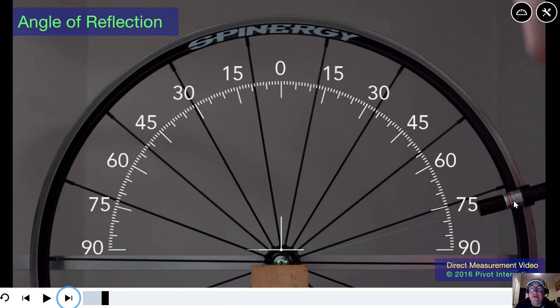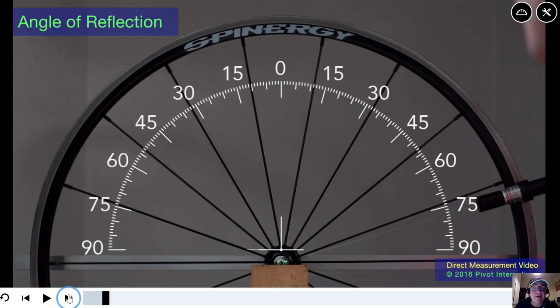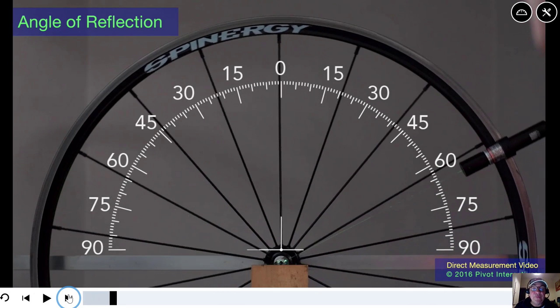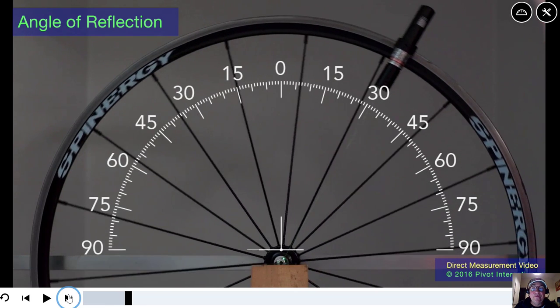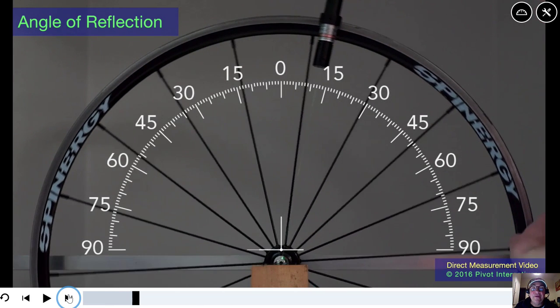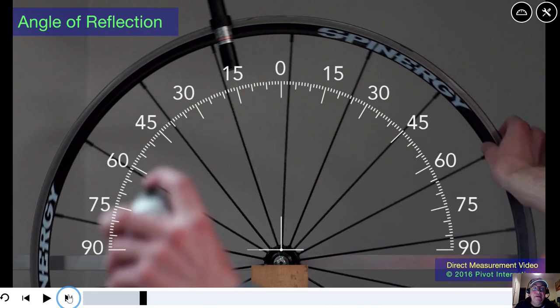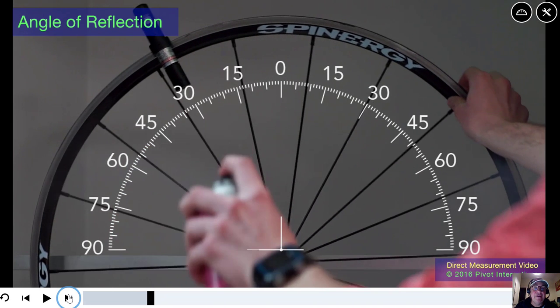So here's a laser pointer, and here's a ray coming in. So there's an incident angle measured relative to the normal again. So the incident angle would be whatever this turns out to be. And then there's going to be a reflected angle. And again, they're going to spray some substance. You'll be able to see the laser beam a lot better in just a minute. I'm just stepping through the video. And here's the spray.